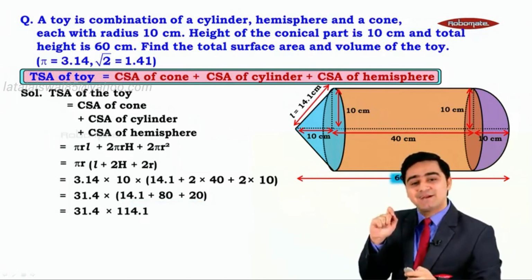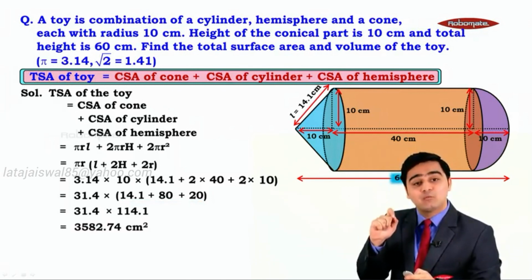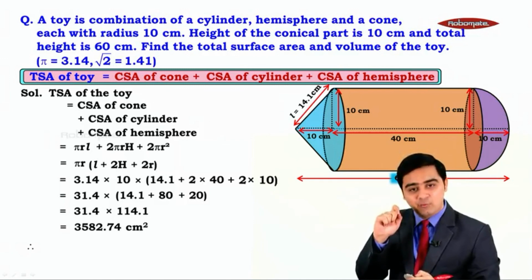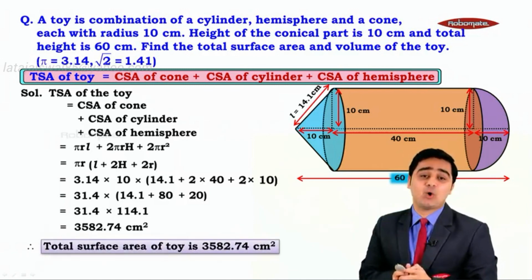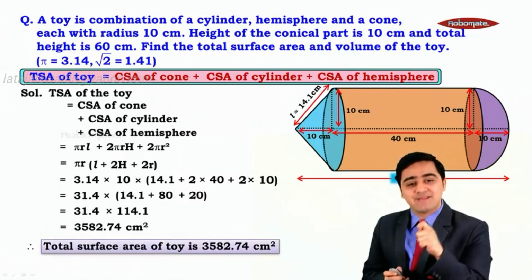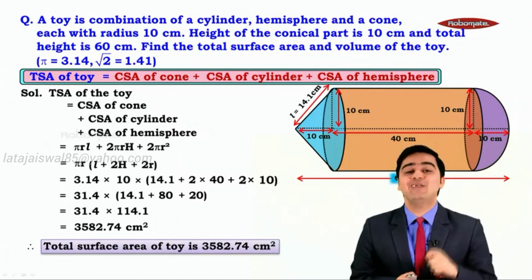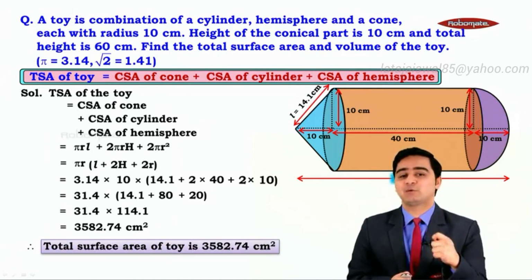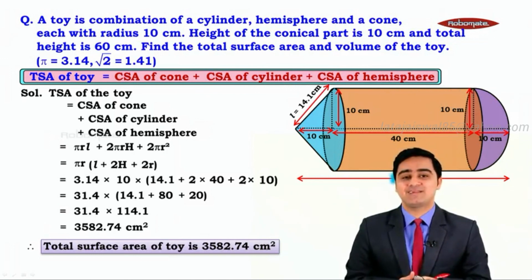If we multiply 31.4 with 114.1, the answer is 3582.74. So we can say therefore the total surface area of the toy is 3582.74 centimeter square. Now next we will find the volume of the toy in the next module. Thank you so much.